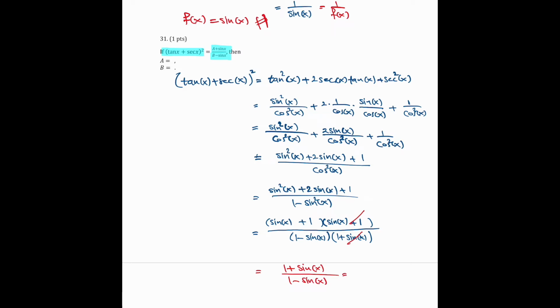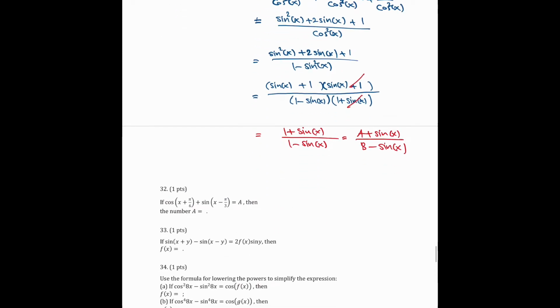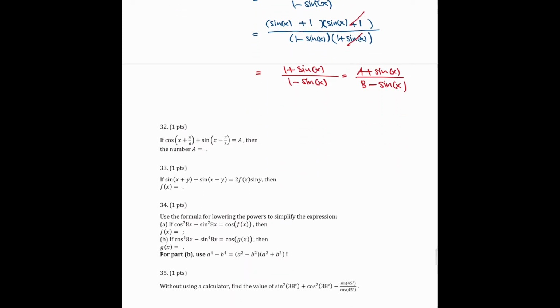So if we compare that to the right-hand side, a plus sine x over b minus sine x, then a is equal to 1 and b is equal to 1. A is equal to 1 and b is equal to 1. And that's question number 31. Question number 32.